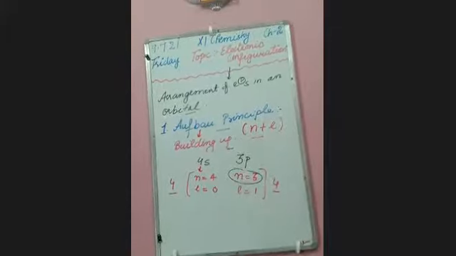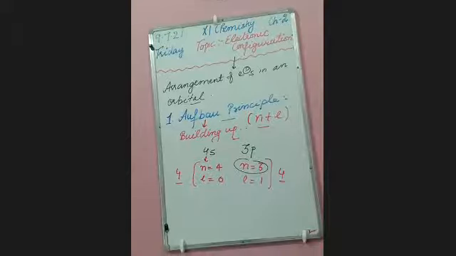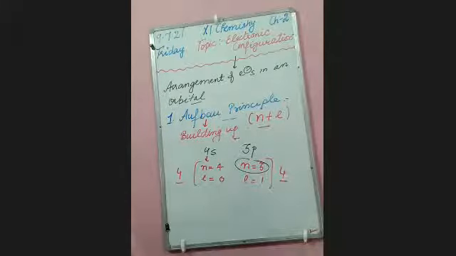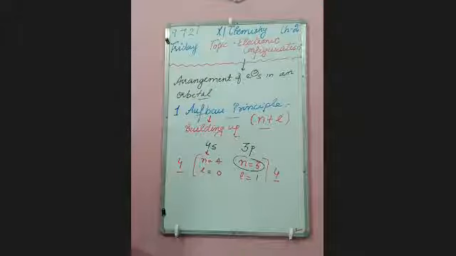Okay, beta. Now, the second rule on which your configuration depends is the Pauli exclusion principle. An orbital can have electrons with opposite spins.